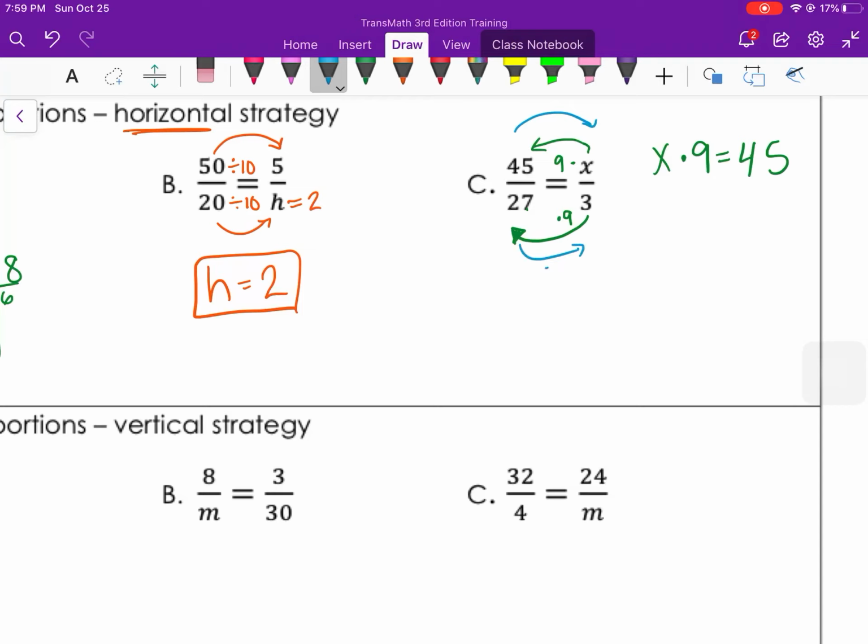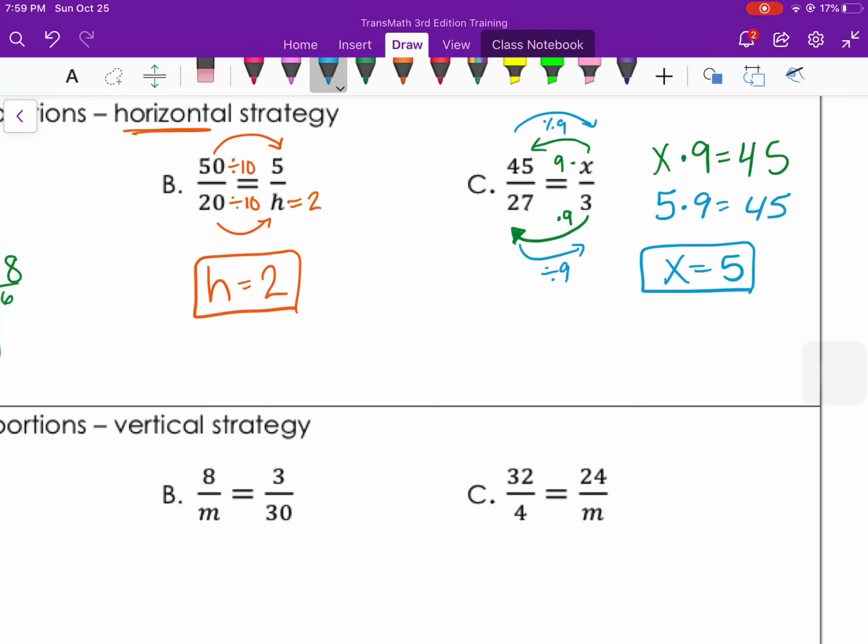So if you go this way, because 27 divided by 9 is 3, 45 divided by 9 is 5. So our answer is 5, because 5 times 9 is 45. So x equals 5.